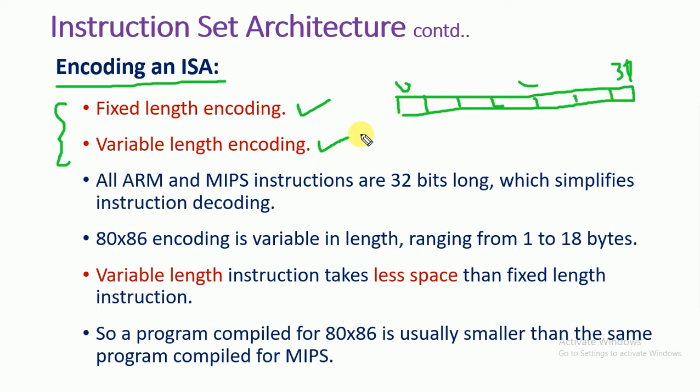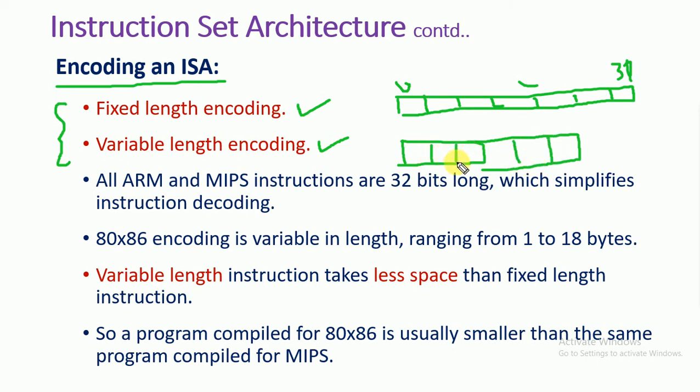The second category is variable length encoding. Here, if the instruction is small, it utilizes only a small amount of memory, and if the instruction is large, it takes more accordingly.